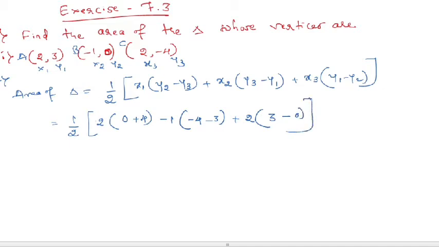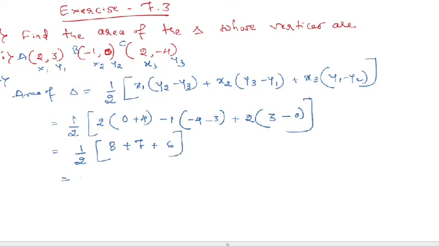Which is equal to half in the bracket 0 plus 4 is 4, 4 times 2 is 8, minus 1 times minus 7 is plus 7, then plus 2 times 3 is 6.